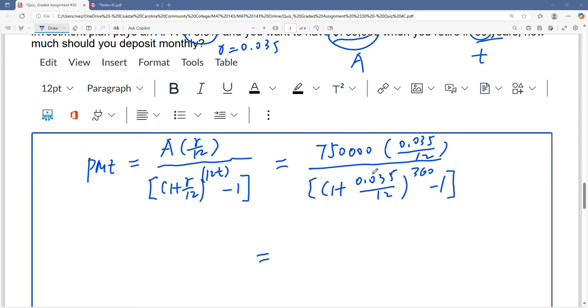Then this bar means divide. So divide parentheses brackets parentheses, 2 of them, right? Then 1 plus 0.035 divided by 12. For instance, to the power use this. To the power 12 times 30, 360. Since 12 times 3 is 36, right? And times 30 is 360.